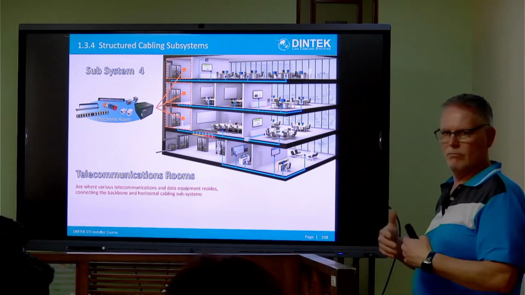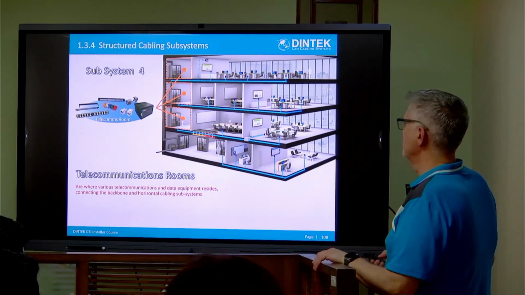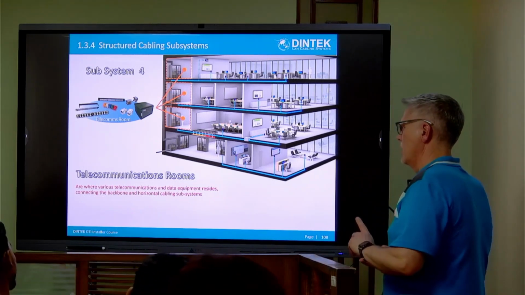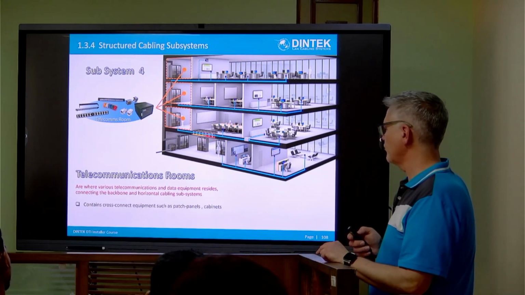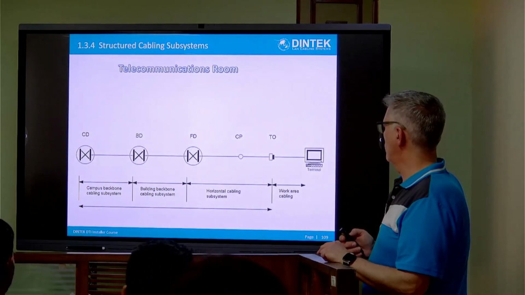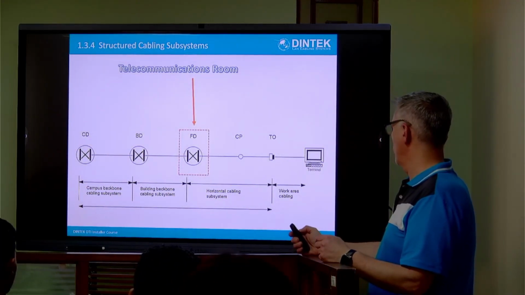Amount of light that's in there, amount of electrical, all that sort of stuff. So it's where various telecommunications and data equipment reside, connecting the backbone and horizontal cabling subsystems. So, yeah, it sits at the floor distribution.